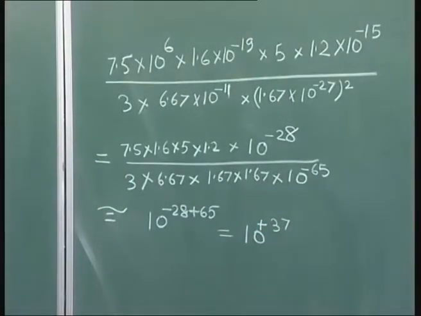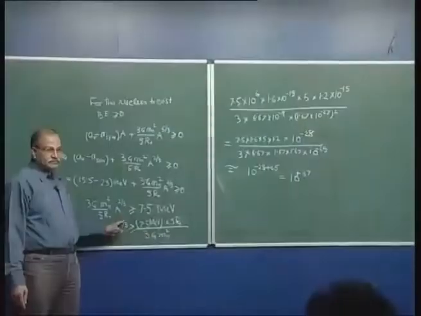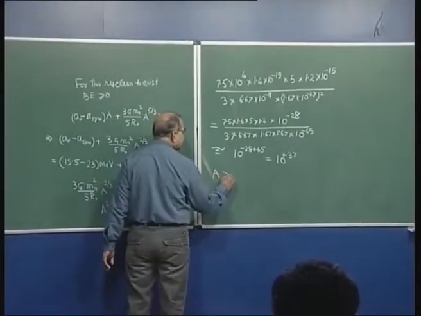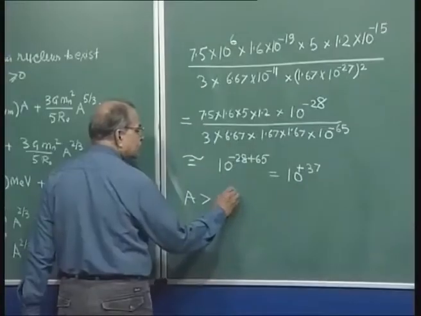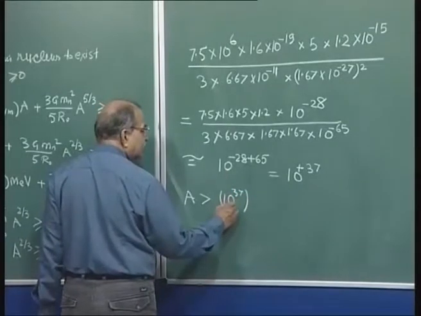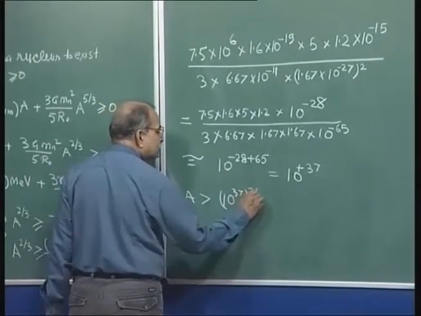And this is, remember, capital A to the power 2 by 3. So, capital A should be greater than 10 to the power 37. I am writing the order of magnitudes, right. 10 to the power 37 to the power 3 by 2.